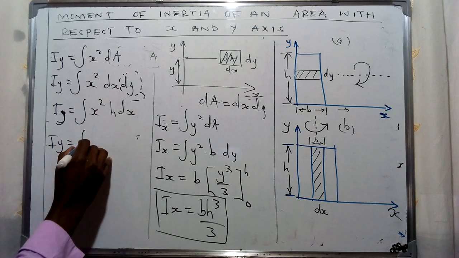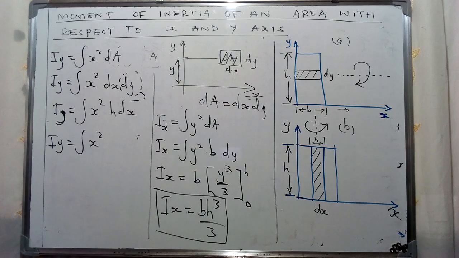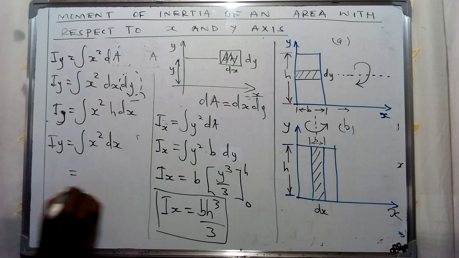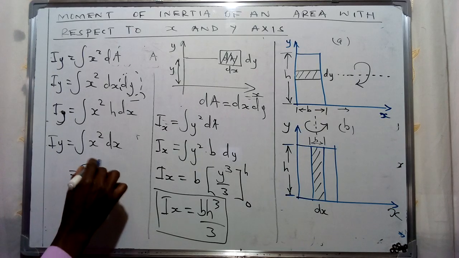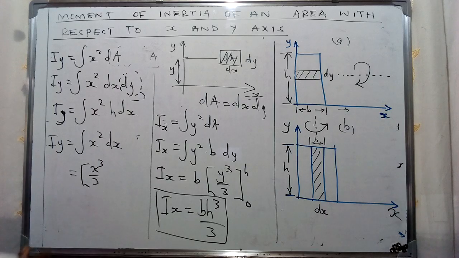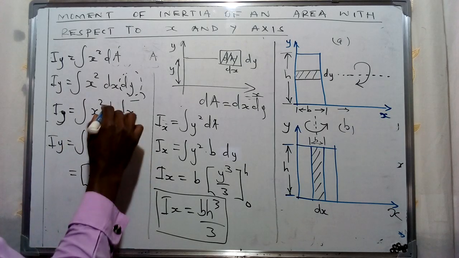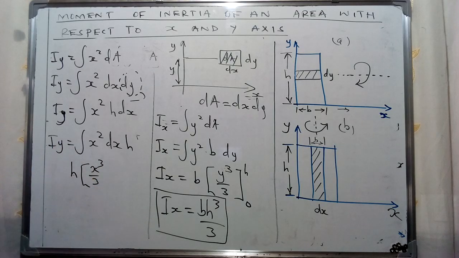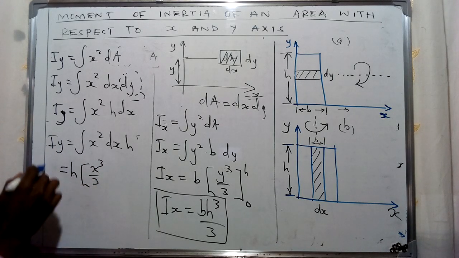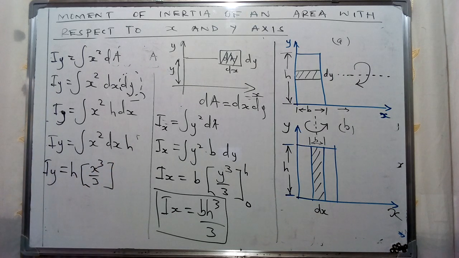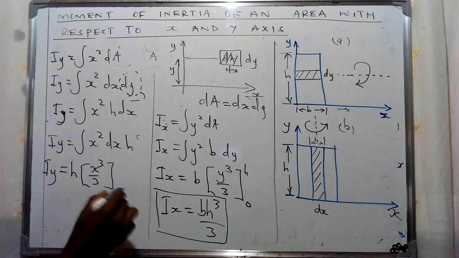So we are going to have this given in terms of the integral of x squared dx. This basically is equivalent to x to the power 3 over 3, and then we have h, which is our constant, brought outside the integration sign, and this forms our integral between 0 and b.